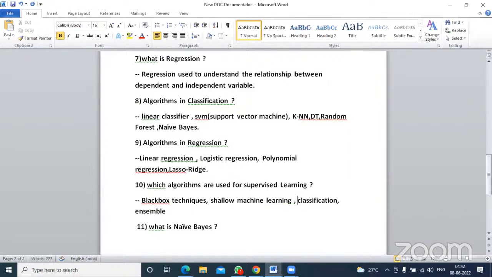Yeah, what is naive Bayes? Naive Bayes works on conditional probability. Okay, next.